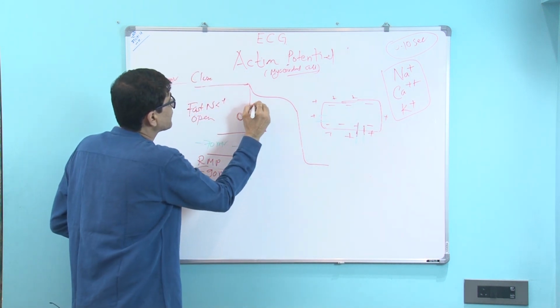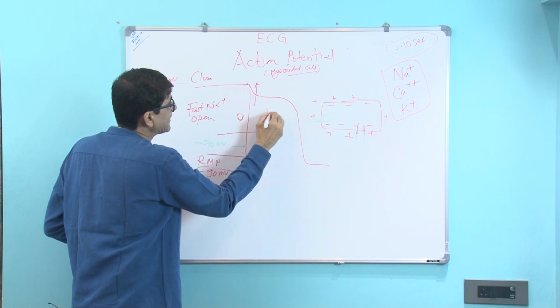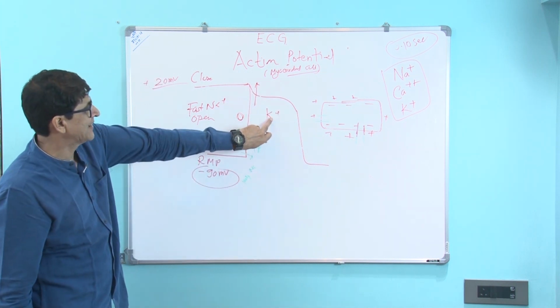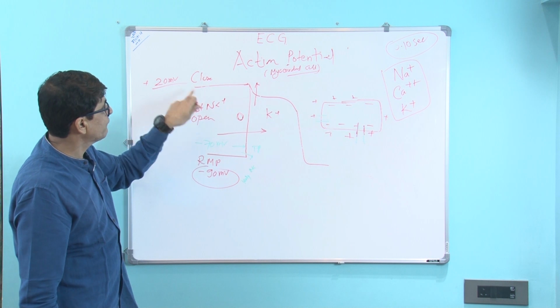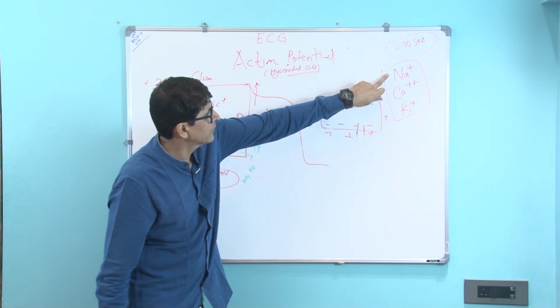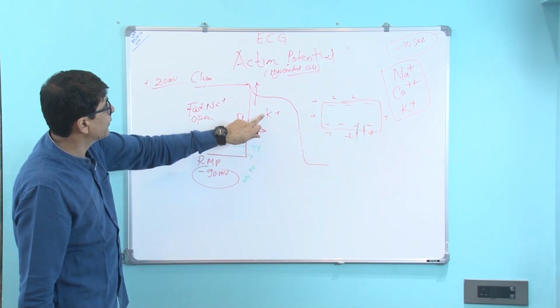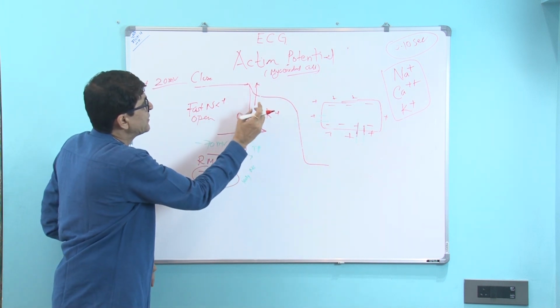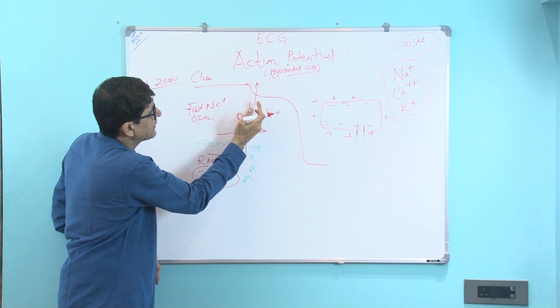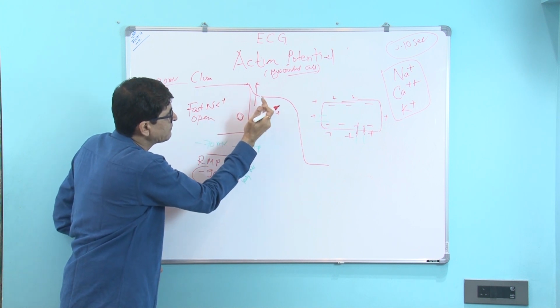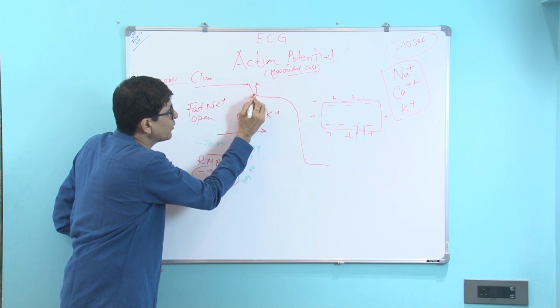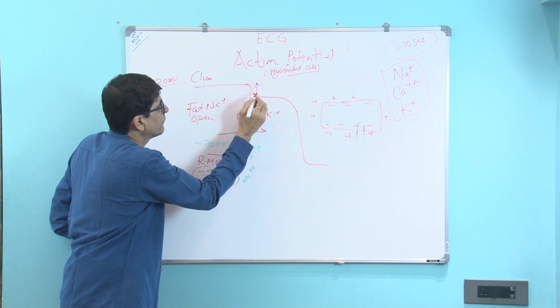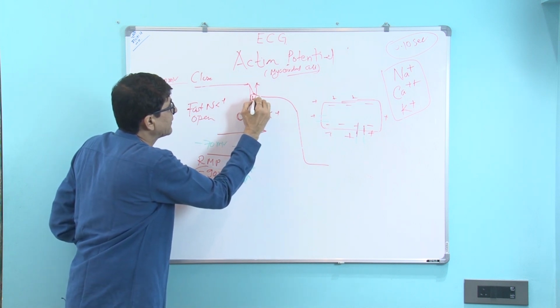And immediately the potassium which is inside the cell. So see, one is sodium, one is potassium. Potassium goes out when the potassium channel has just started opening, so it reaches here. This is phase 1.